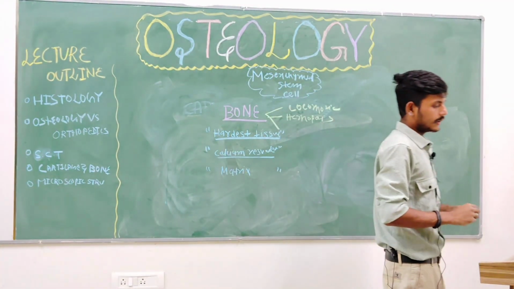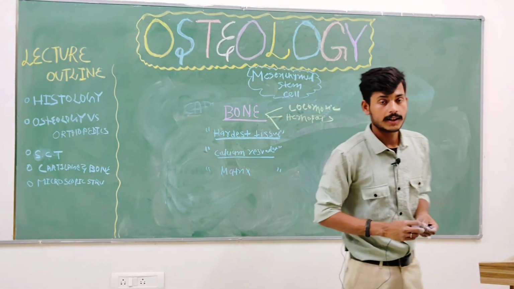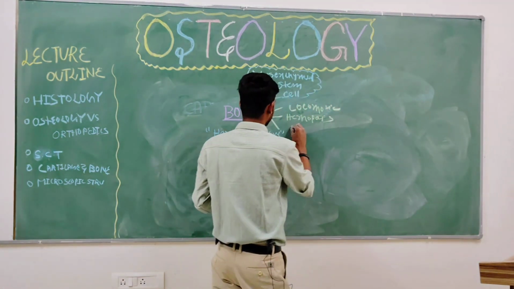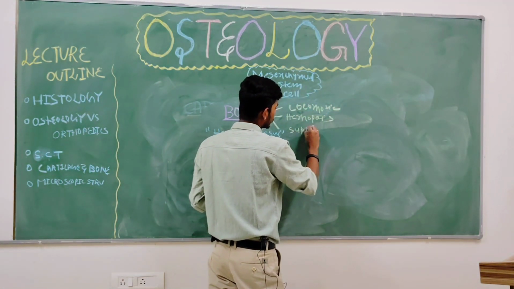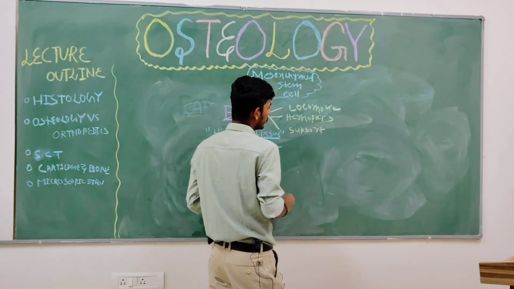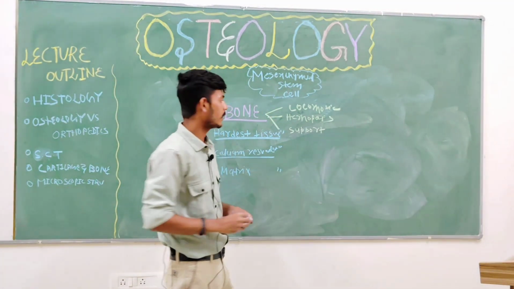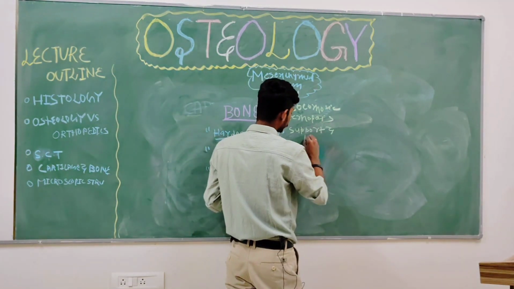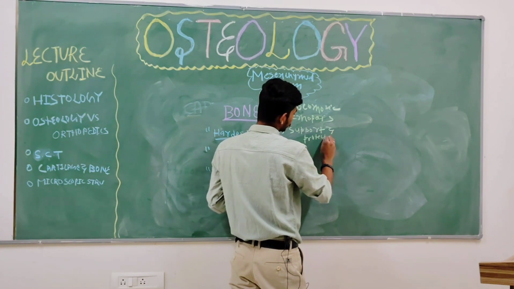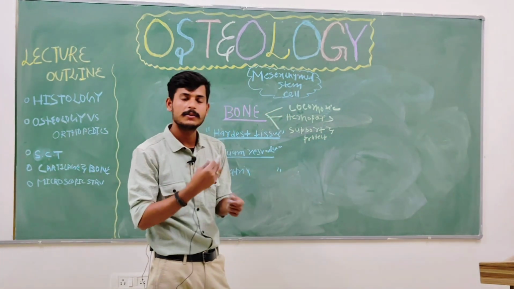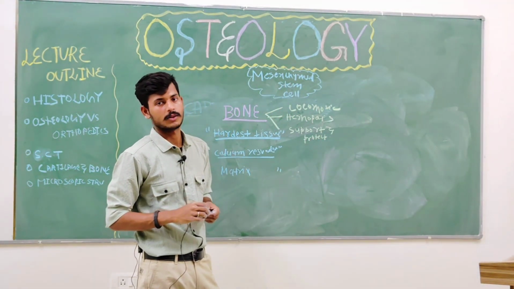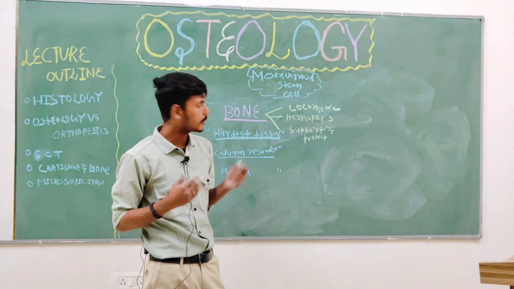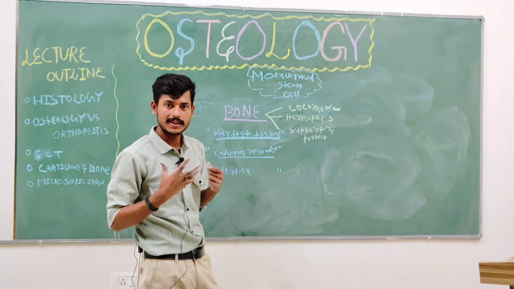And the other function is support. They provide the support for the delicate organs and also they protect. Why is the heart not present above the sternum? Because of protection. It is a delicate organ.